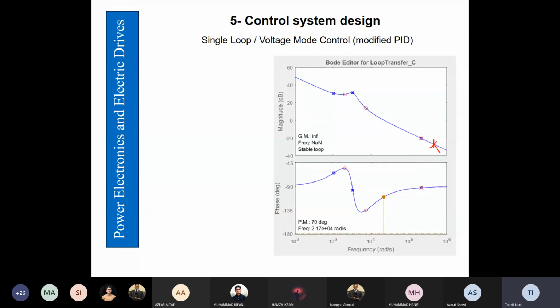So we have the modified PID controller, and in the modification we have added 2 poles, because PID control only includes 2 zeros and 1 integrator. So we have included 2 further poles to make the controller robust.